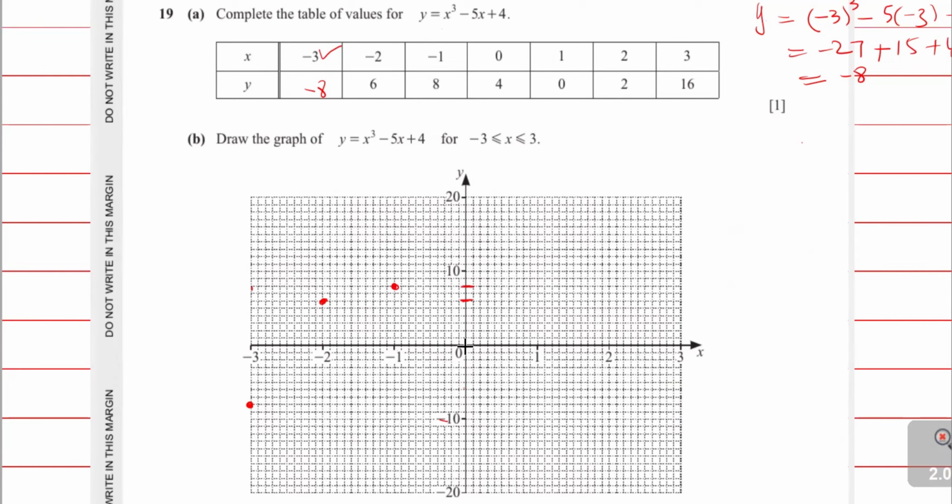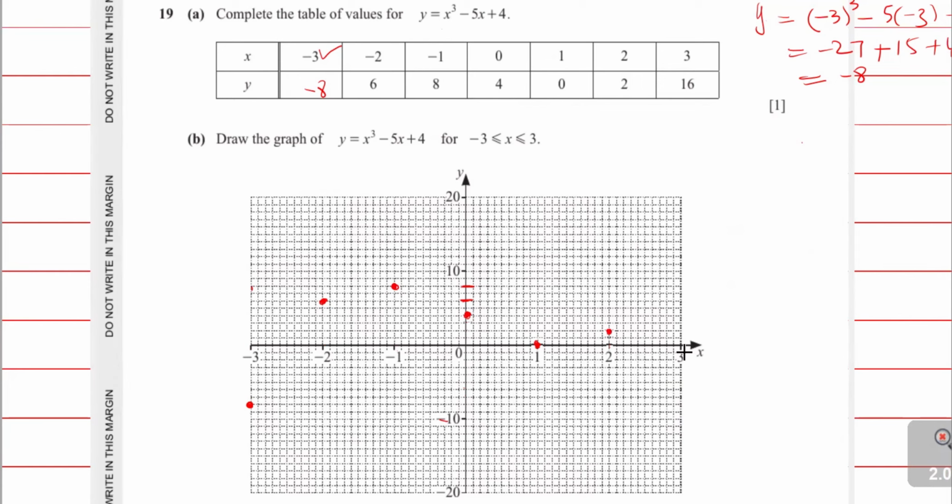Next is 0, 4, and this will be 1, 2, 3, 4 on the y-axis. The x coordinate is 0 and the y coordinate is 4. Next is 1, 0. The y coordinate is 0 on the x-axis, therefore this position would be 1, 0. Next is 2, 2. This is 2 on the x coordinate, and the y coordinate is also 2.